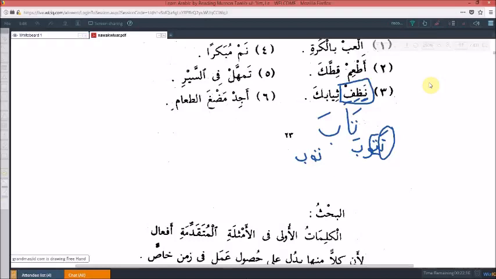This noon is part of nadafa, meaning to clean. Whereas in nunadhif, we have this noon which is part of the root, but this other noon is the harf al-mudari.